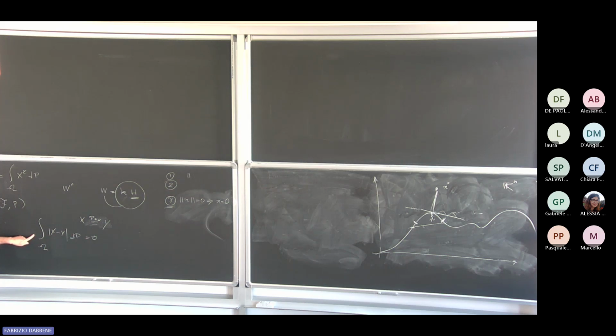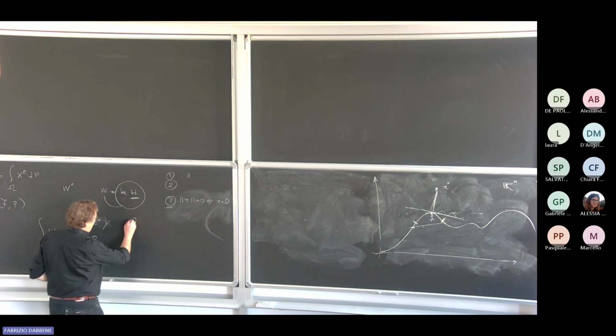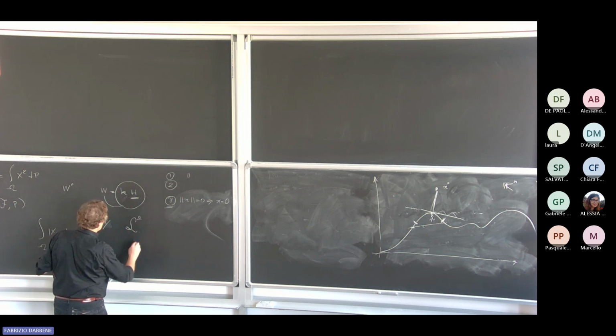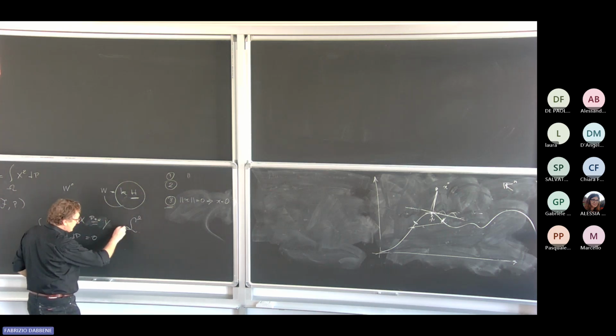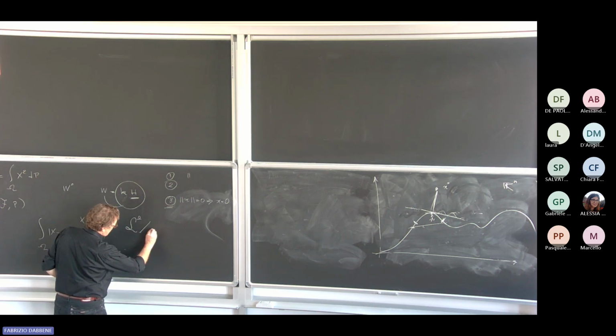All right? But x is not y. So we have to introduce an equivalence relationship, P almost everywhere, and then we have to quotient the space, which is actually L2 in this case, by this relationship.